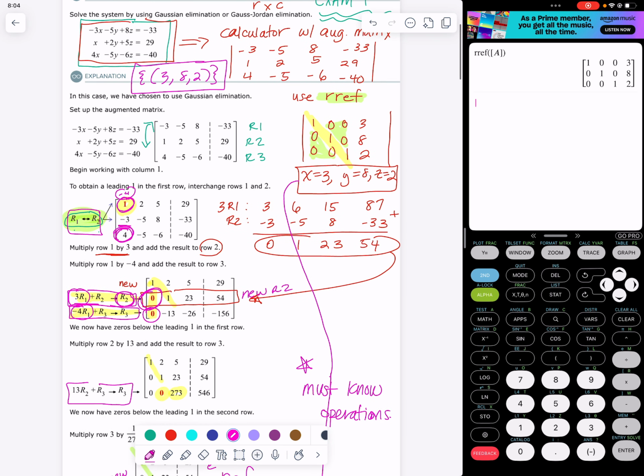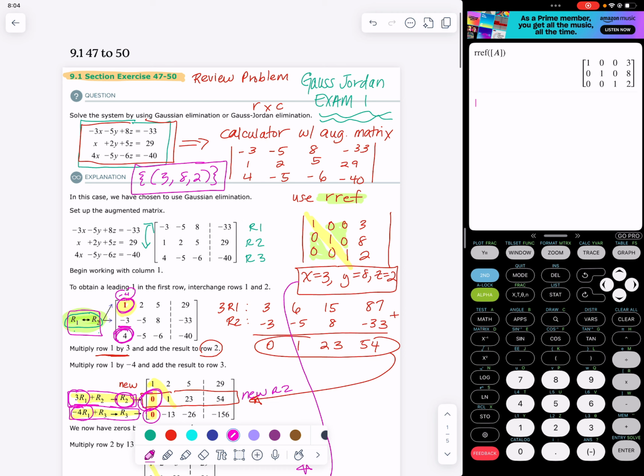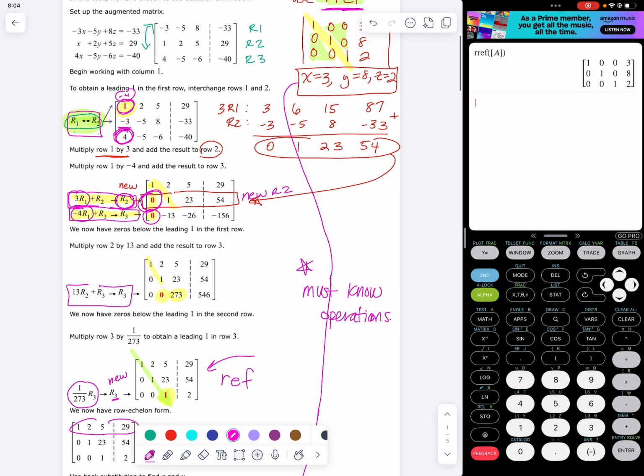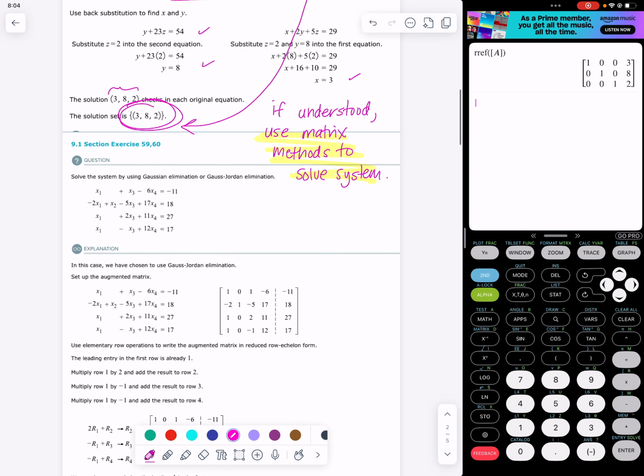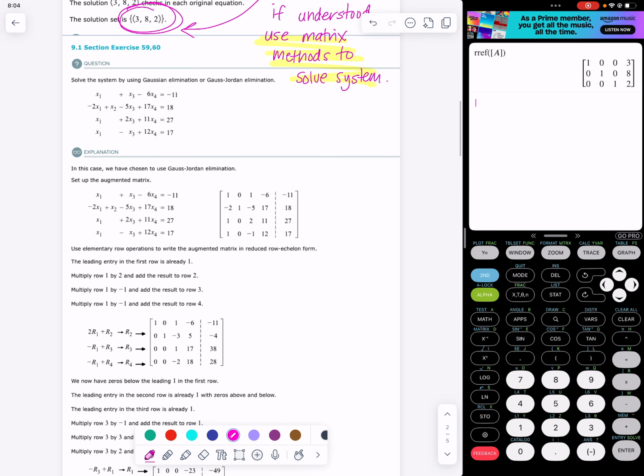If you understand all of these operations, you can go ahead and just give me an augmented matrix on your work. And then go ahead and you can give me this solution matrix, this reduced row echelon form, to justify your answer. So now let's work a few more. We'll go straight to the calculator. So here, this is number 59 and 60 on the review, and we'll go a little bit faster now.